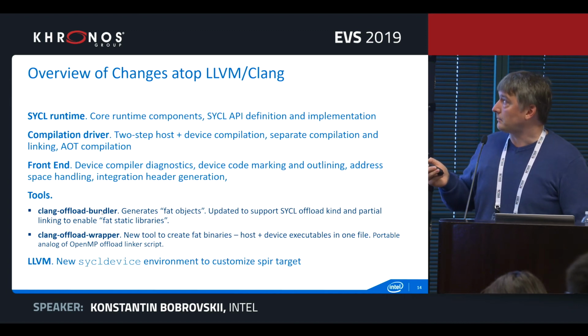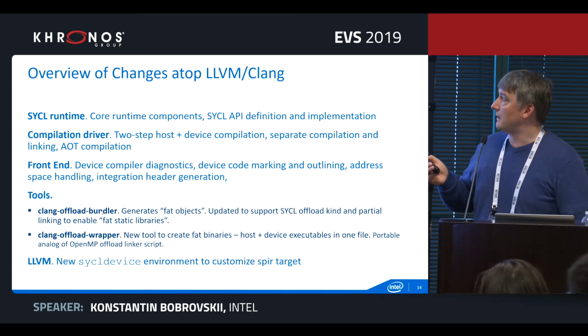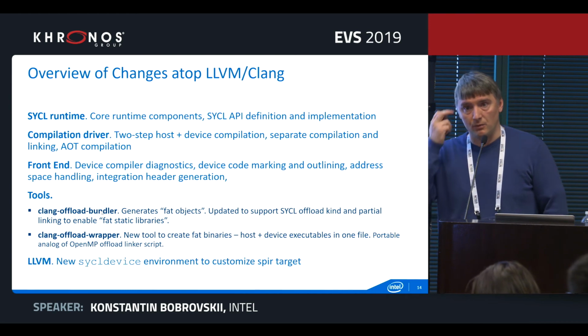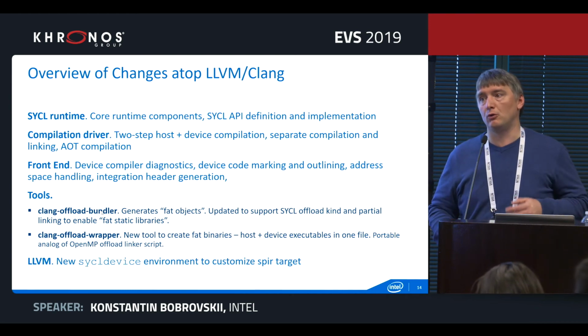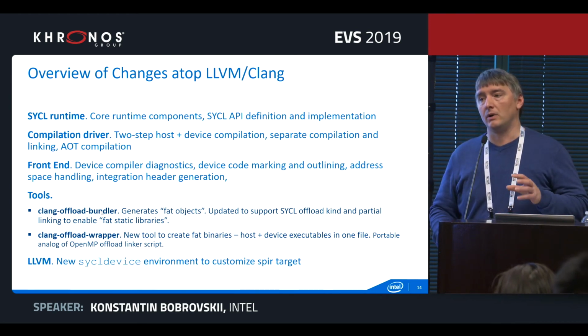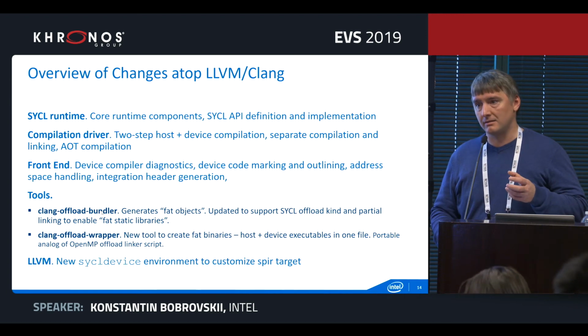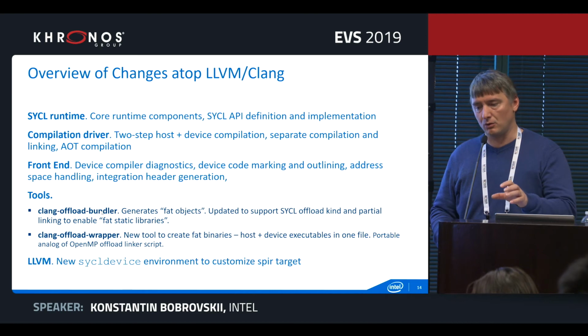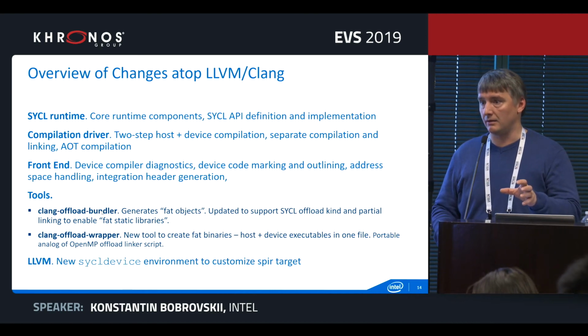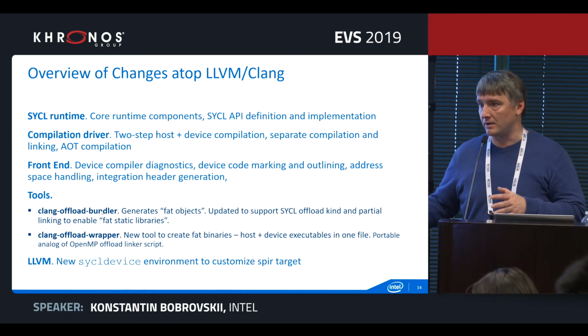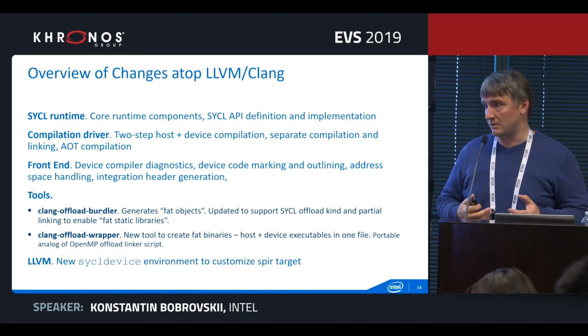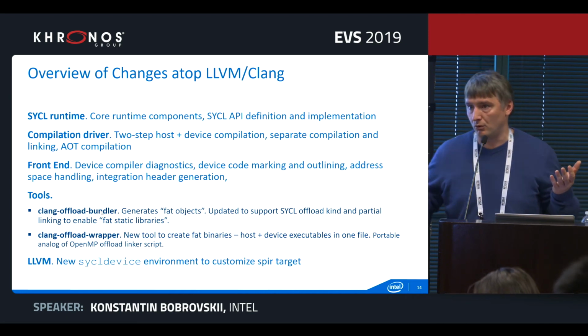We also added support for fat static libraries, which are normal static libraries where each object is fat, so to say, containing host code and device code. You can link those fat static libraries with your application code, just like you normally do with host code alone.